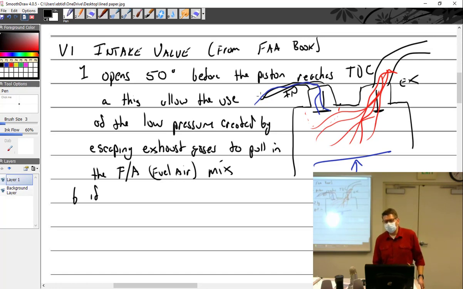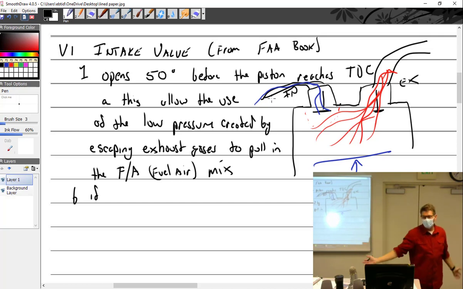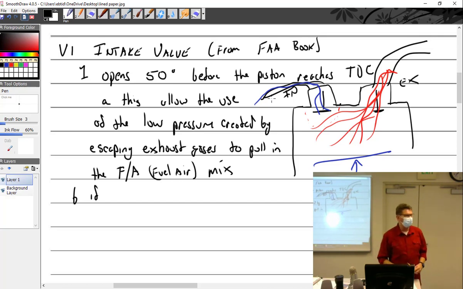What kind of pressure is in the intake manifold? So this scribble right here is my intake manifold, as compared to, in an operating engine, the air around us. So what is a standard atmospheric day according to the FAA? 29.92, what?